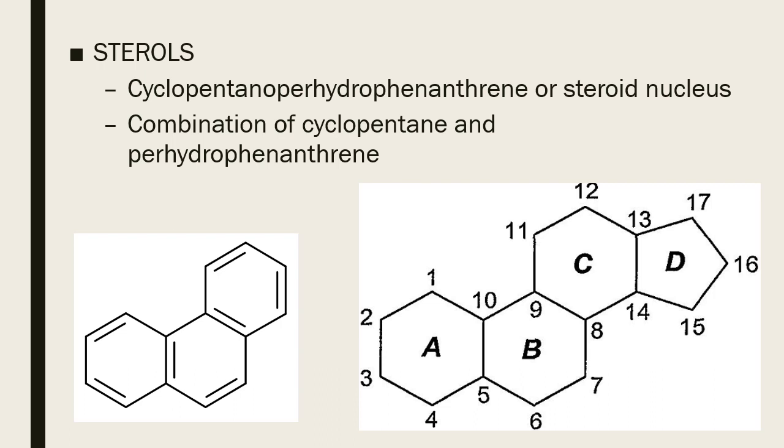On the right side, this is an illustration of the cyclopentanoperhydrophenanthrin ring. You already have your cyclopentane and then your perhydrophenanthrin ring here. The cyclopentane has five carbon atoms, cyclic five carbon atoms.